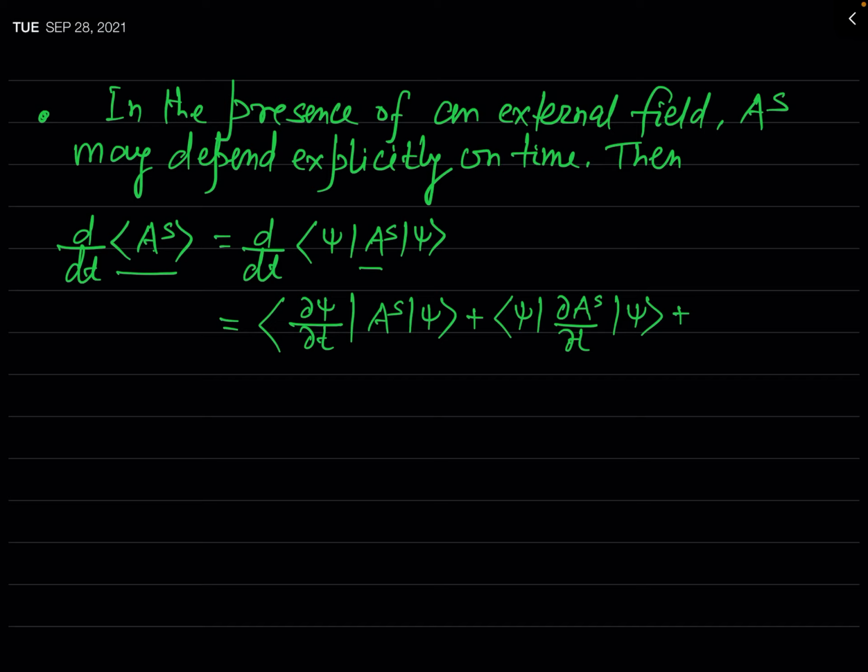And now we operate on the Ket psi, so this will be Bra-Psi AS del psi by del t. You can see. Now see here.